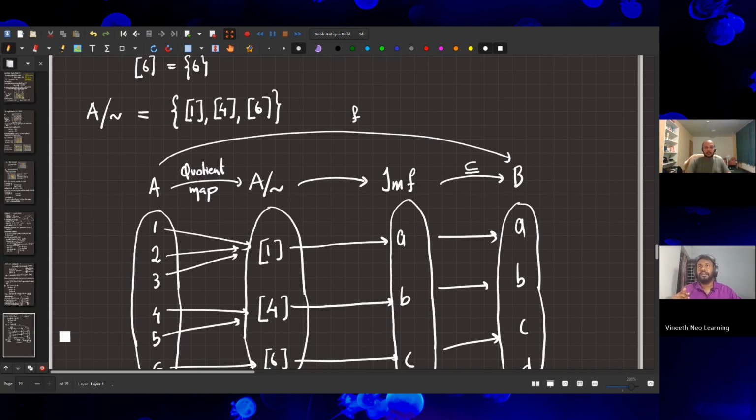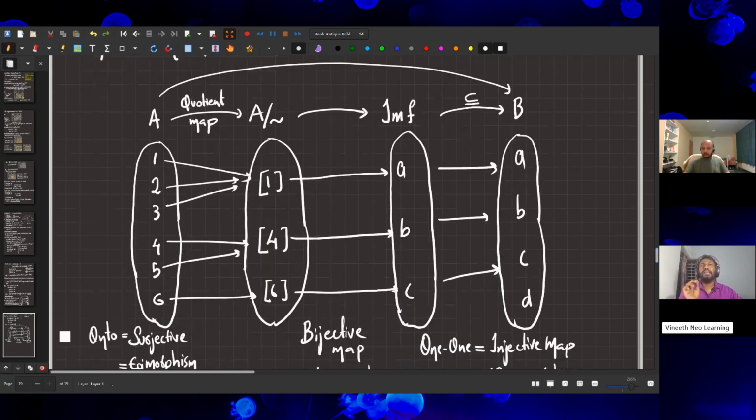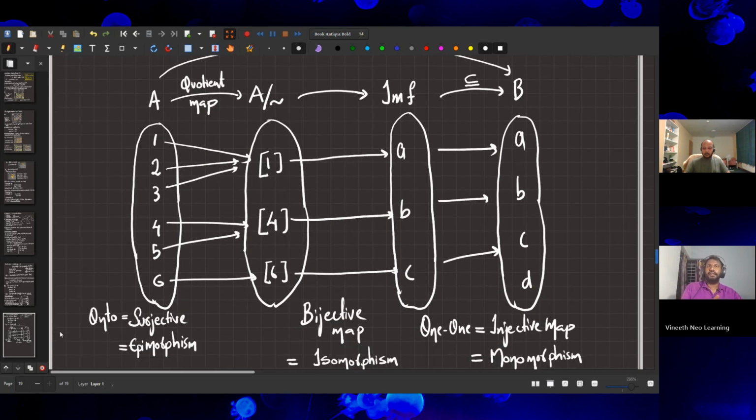The quotient contains the equivalence classes of that relation. Then we map those equivalence classes to the images, then we map that image set into our codomain.